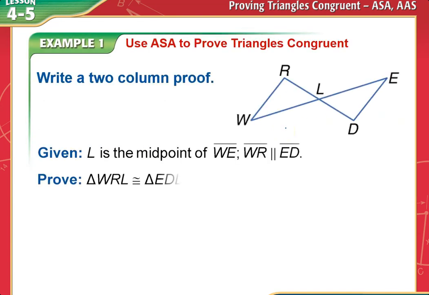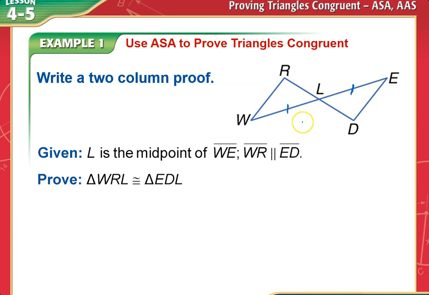We're going to use ASA to prove the triangles are congruent, and we're going to write a two-column proof. Let's think about what we have before we make the proof. It tells us that L is the midpoint of WE, so this side length is congruent to this side length.